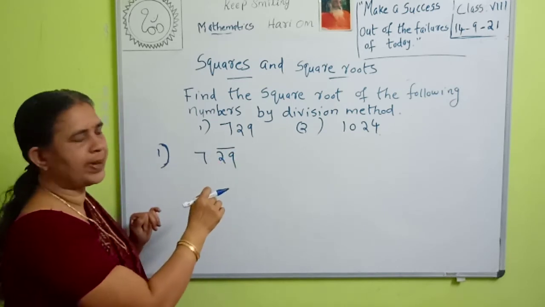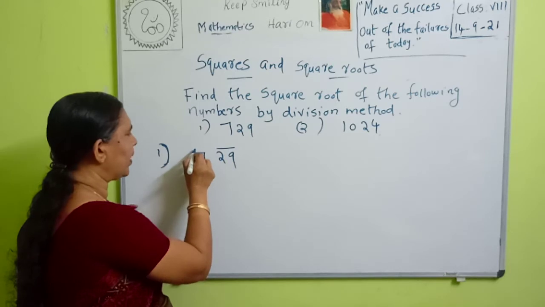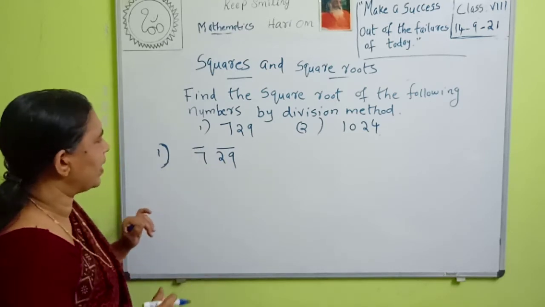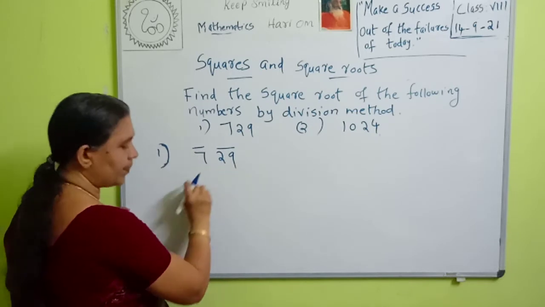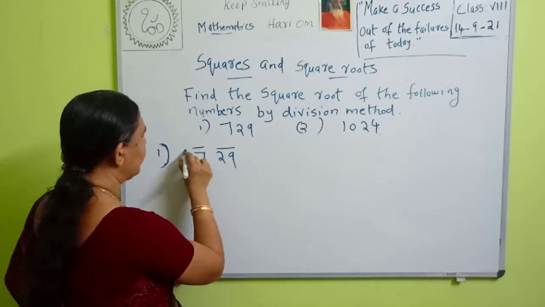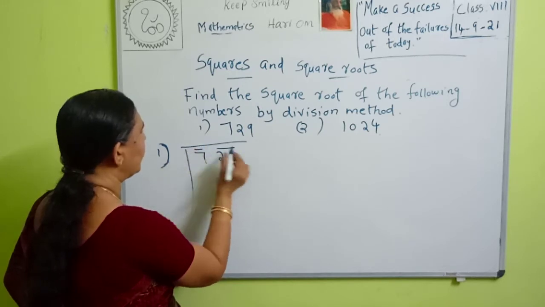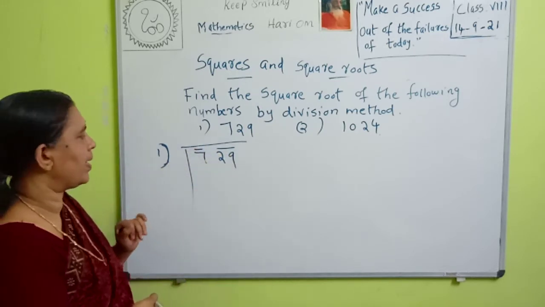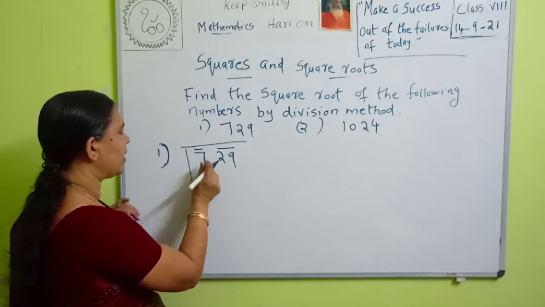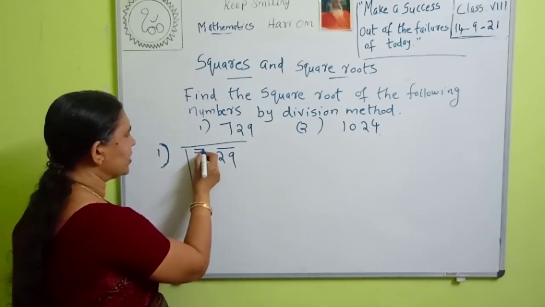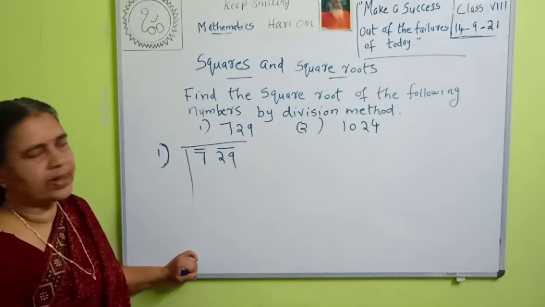Then here is 7. Is 7 a perfect square number? 7 is not a perfect square number.